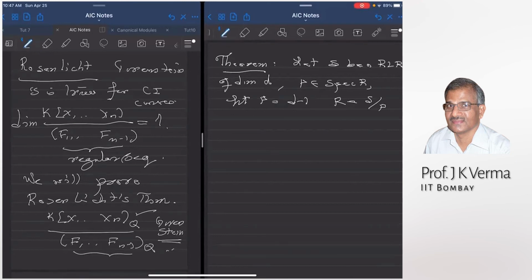R equals S mod P, where S is a regular local ring and P is a height D minus 1 prime ideal in S. So this is certainly Cohen-Macaulay, and let R bar be the integral closure in its quotient field, and C be the conductor.